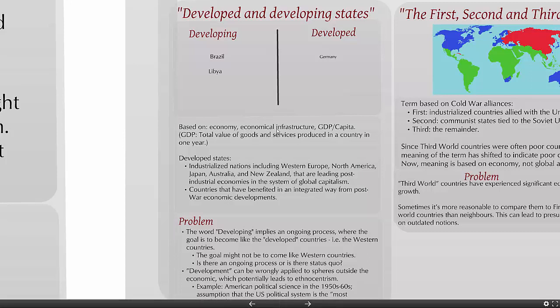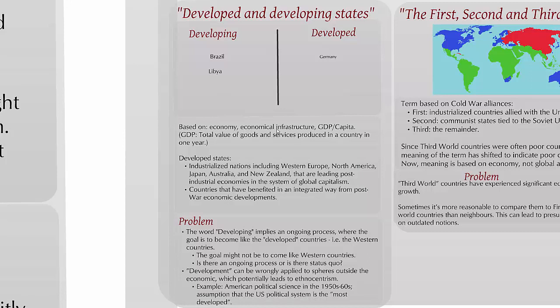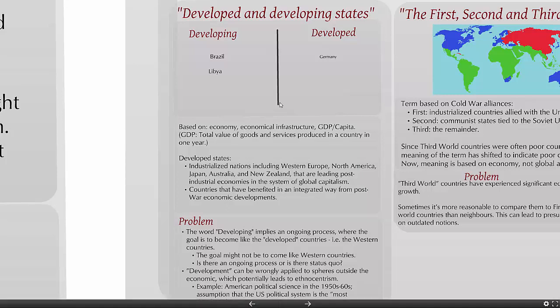Brazil and Libya are today in very different situations because of economic developments in the 90s and in the early decade of the 21st century. So lumping them together in the same category might not be a good idea.